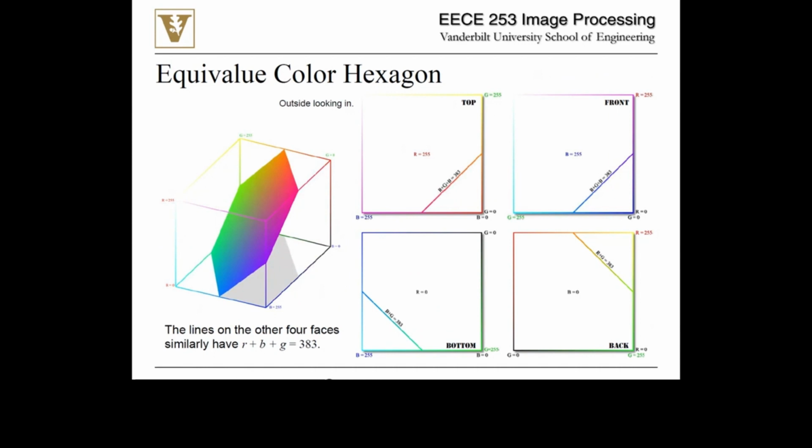Okay. And then we can look at different cards with different planes. So we have here the plane. Red equals 0, red equals 255, B equals 0, B equals 255. But those are lines. All those intersections have to be lines because those are the intersections of two planes.